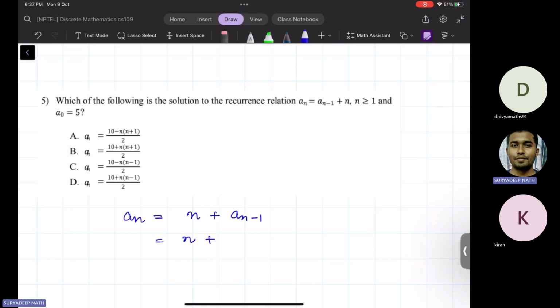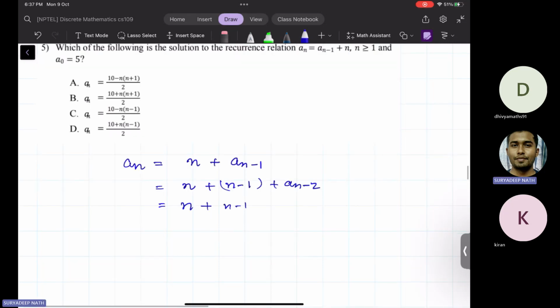We can split an as n plus n minus 1 plus an minus 2. Similarly, we can split an minus 1 plus n minus 2 plus an minus 3. So it is basically how many n.